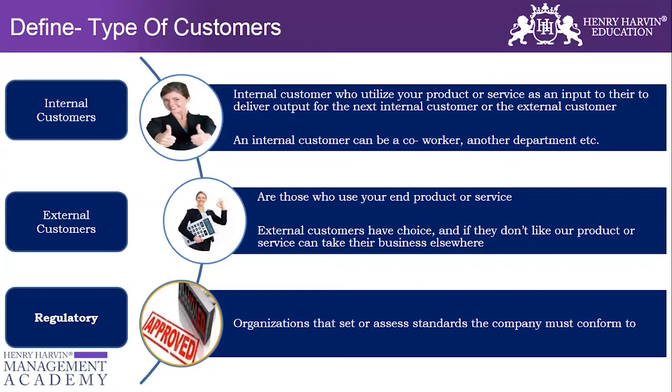Okay, now let's talk about regulatory customers. Regulatory bodies are the ones who regulate the different organizations to ensure that everybody works on the same tangent. We have different regulations, like TRAI for telecom.